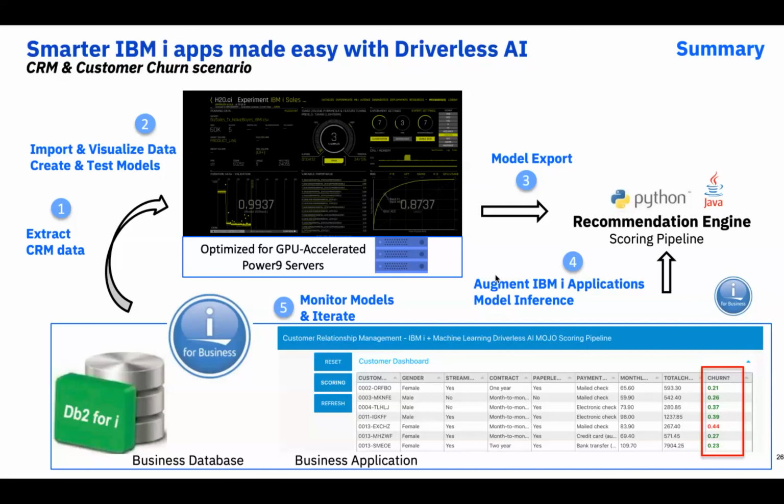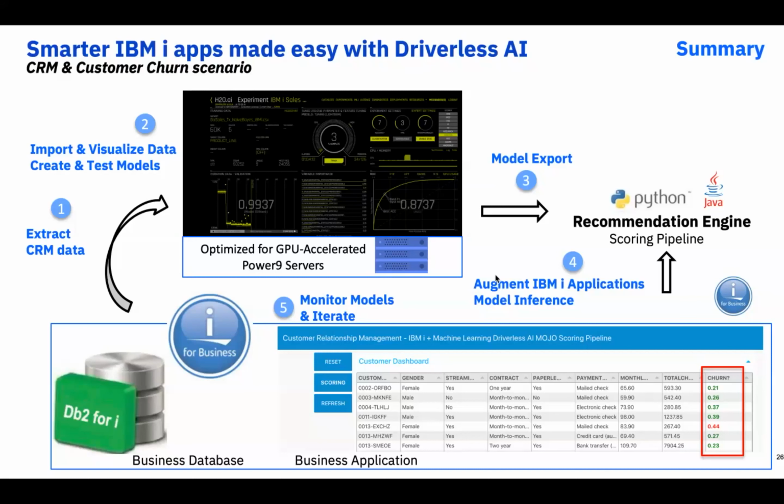The scoring pipeline, that's it. And that can be ported to, in our case, it was back onto the IBM i, but it could be a different platform, or integrated into all sorts of different applications to get an idea, for new data, whether a customer is going to churn or not. Exactly.